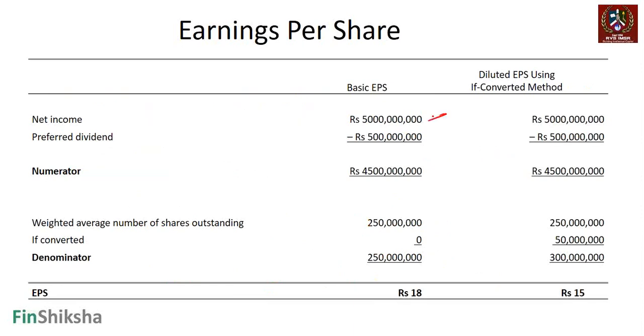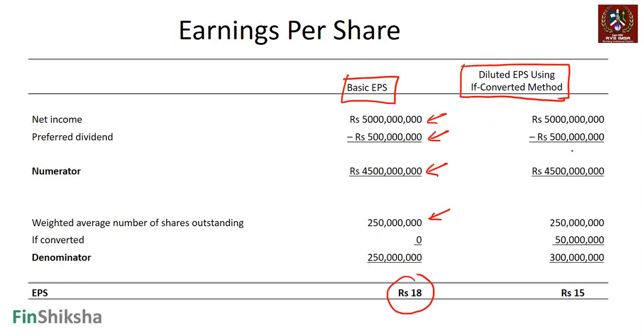Net income of 500 crore minus preferred dividend of 50 crore. So numerator is 450 crore. Weighted average number of shares is 25 crore. You divide 450 crore by 25 crore, you get rupees 18 as your basic EPS. Now, if you're going to calculate the diluted EPS in this case, that's going to use the if-converted method, which is basically you're assuming that these shares will get converted.